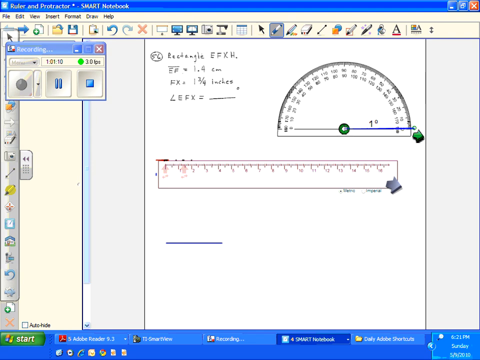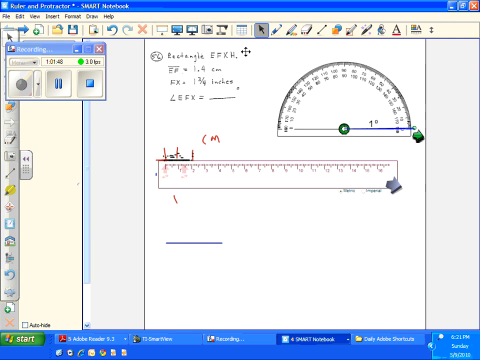So the 0, 1, 2, 3, those are centimeters. These little bitty marks in here are millimeters, and it takes 10 millimeters to make a centimeter. So 1.4 centimeters would be to the 1, and then 4 little bitty marks past the 1, okay?